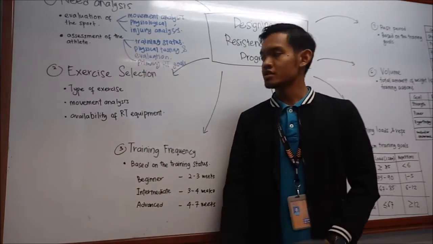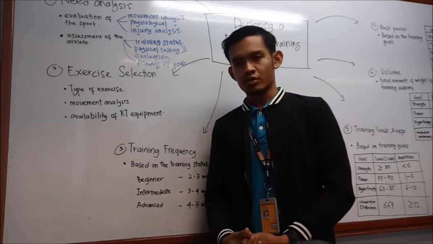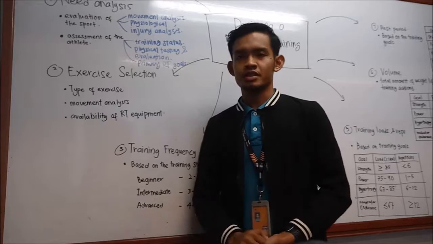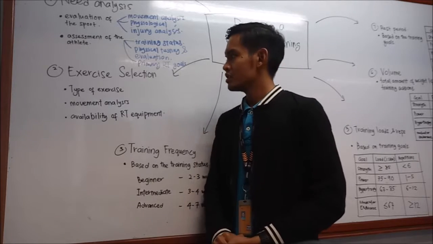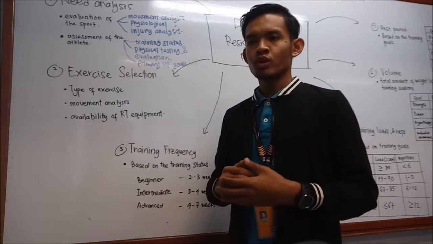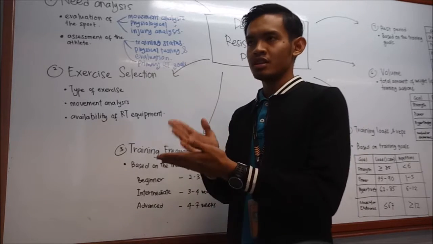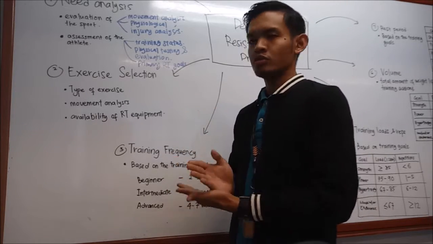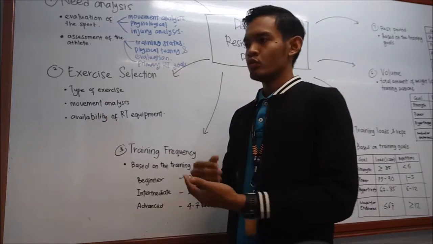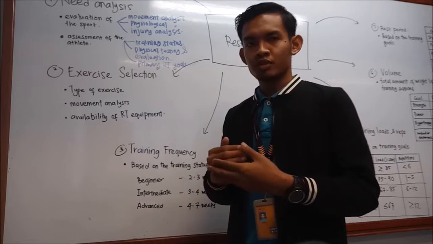Exercise selection consists of 3 components, which is type of exercise, movement analysis, and availability of assistant training equipment. Type of exercise, we determine what are the exercises that the athlete needs to do in order to perform well. The movement analysis, we analyze their movement.